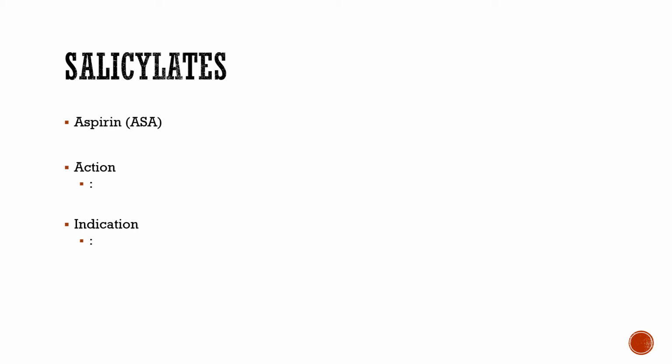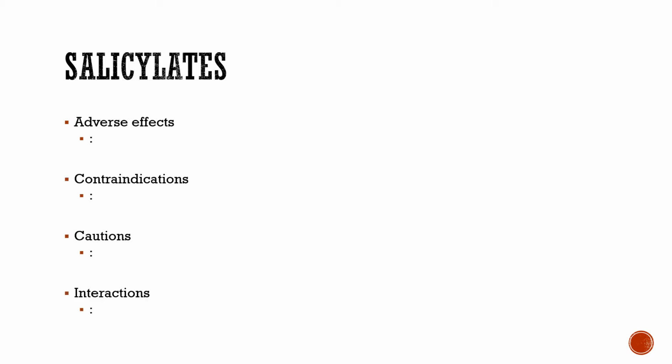Adverse effects. The most common adverse effect is actually GI distress. It can cause ulcerations if we're taking a lot of it, especially on an empty stomach. So we'll make sure that they understand those risks, and it's best to really take this with a little bit of food if possible.